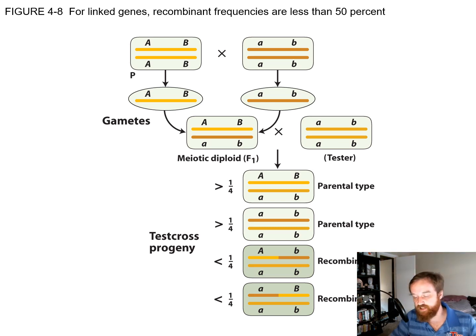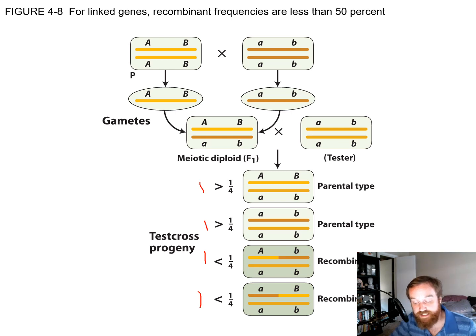Now, if these events are independent assortment, then we should expect to see these 4, the progeny of a test cross from 2 genes, in a 1:1:1:1 ratio, right? Or 25% for each of the 4 outcomes.